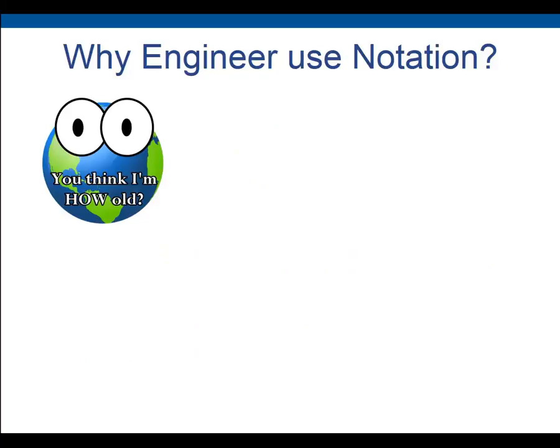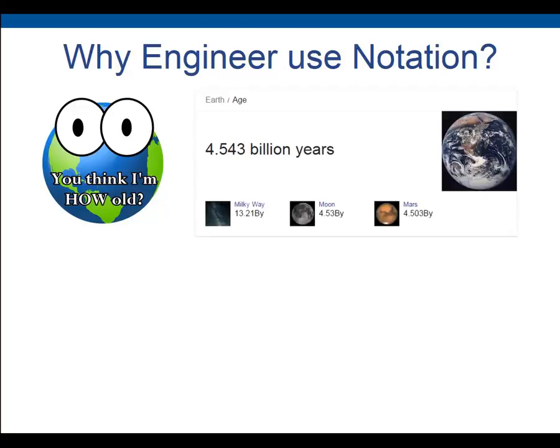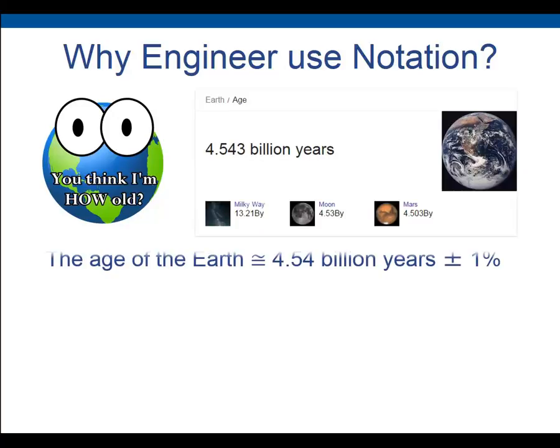Why and when do we need to use notation? Think about the age of Earth. I searched it through Google, and Google tells me that it is 4.54 billion years old, and it has plus minus 1% error.